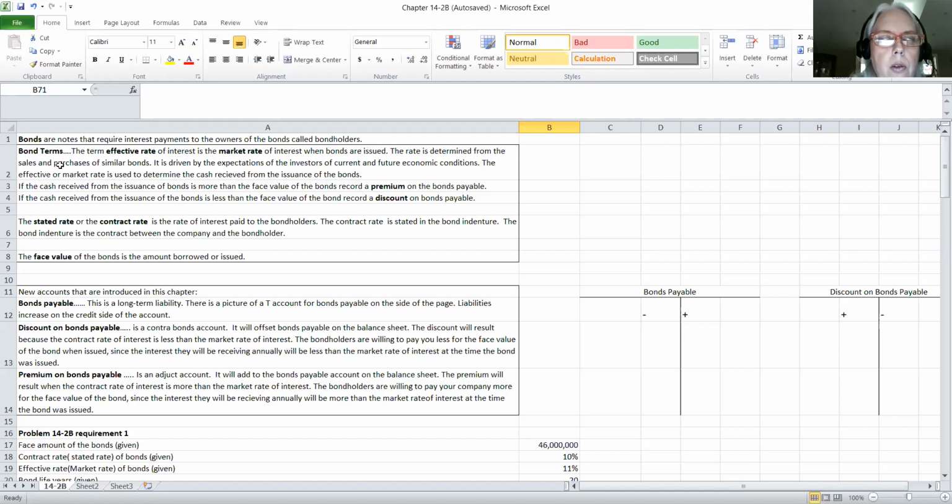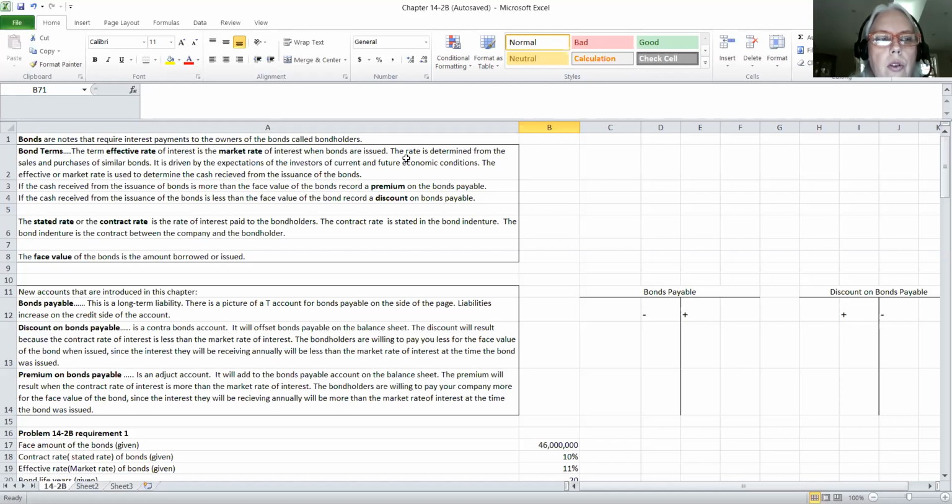The bonds that we're going to be looking at have specific terms with them, and it's important that you understand what these terms mean. One term that you're going to see with this particular problem is the effective rate of interest. The effective rate of interest is also what we call the market rate of interest. That's the rate of interest when the bonds are sold.